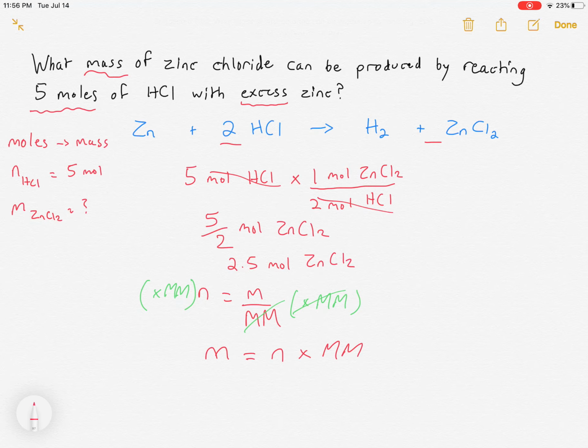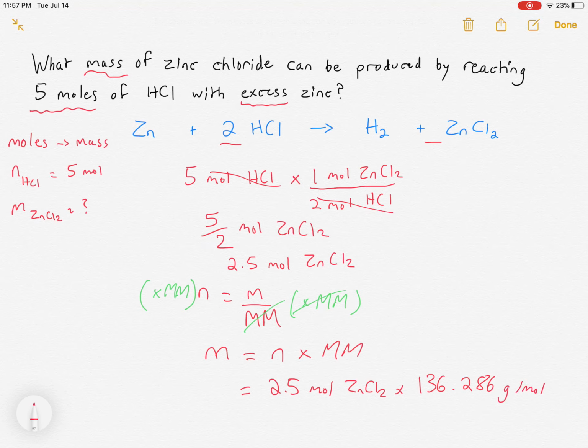For that, you will get 2.5 moles of zinc chloride times the molar mass. You will have to look this up yourselves, but the molar mass of zinc chloride is 136.286 grams per mole.